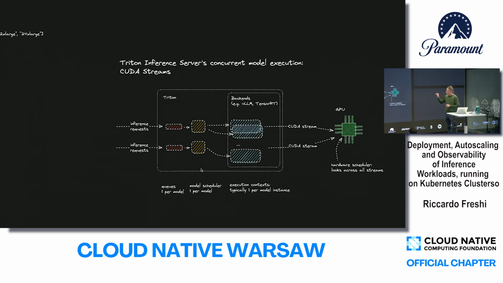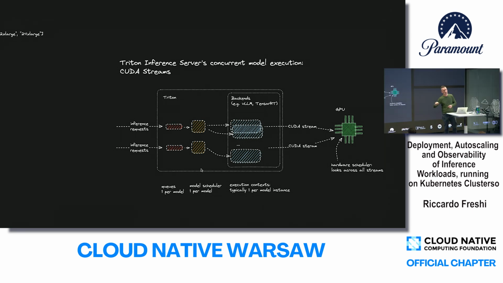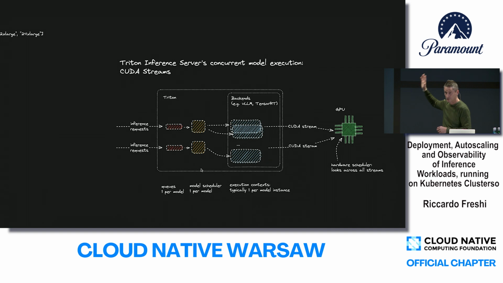For each one of these backends, there is a queue where the inference requests come in. They go through a scheduler associated with the backend, and depending on our configuration, the backend can have multiple instances of the model running. So you can have the same model running in parallel within Triton, depending on a configuration that we will see in a minute.